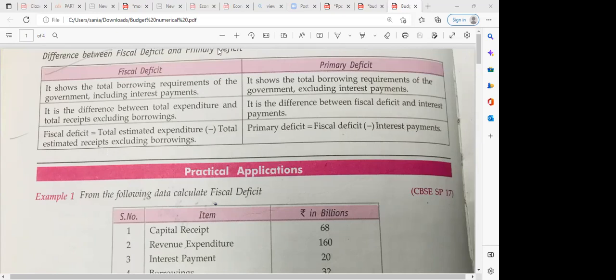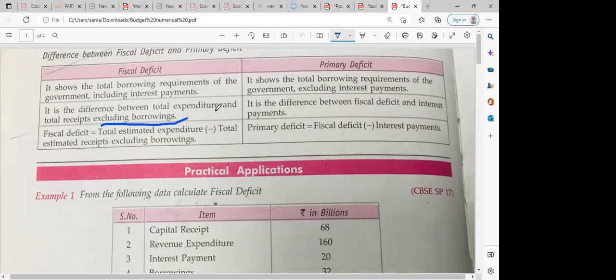I have to tell you one very important thing, students. Over here you have written excluding borrowings. But sometimes, for example, nothing is given to you, right? At that moment, your fiscal deficit will be equal to borrowing.